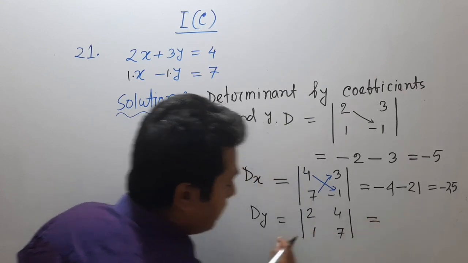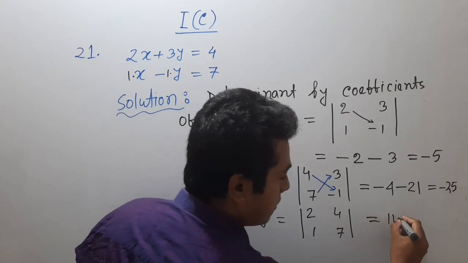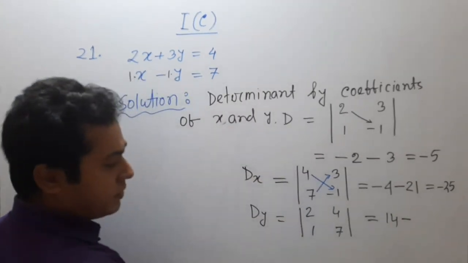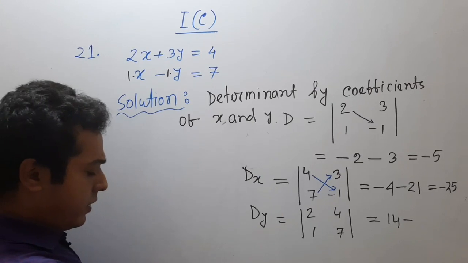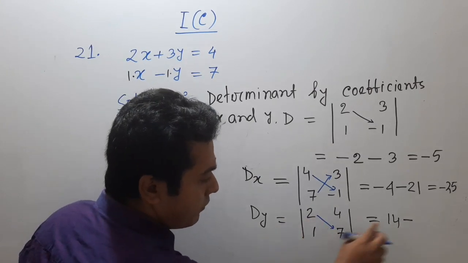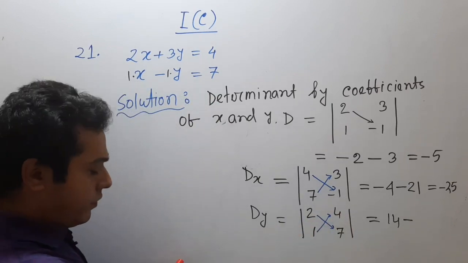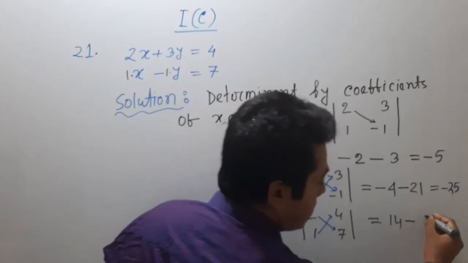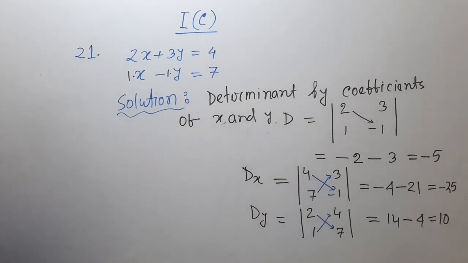Okay, the value of Dy is equal to 14 minus, multiplying in this way, 2 and 7 is 14, and then 1 and 4 is 4, which is equal to 10. Okay, now we want to find the value of x and y.